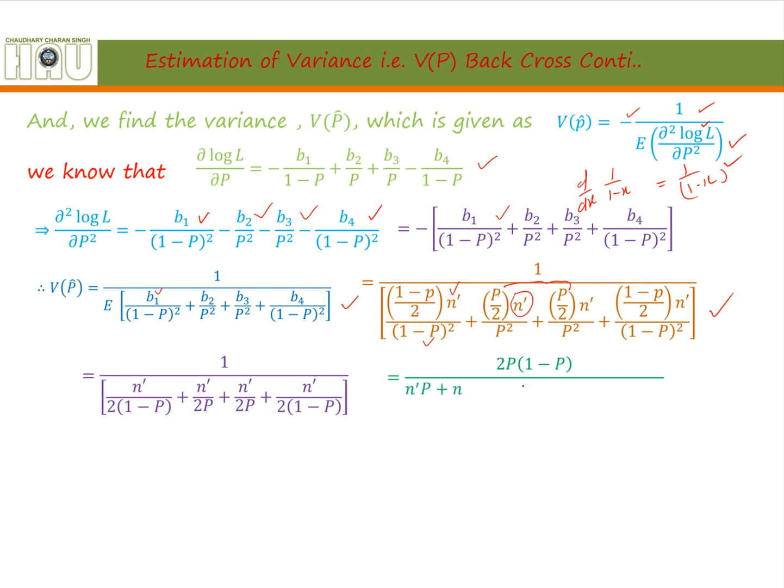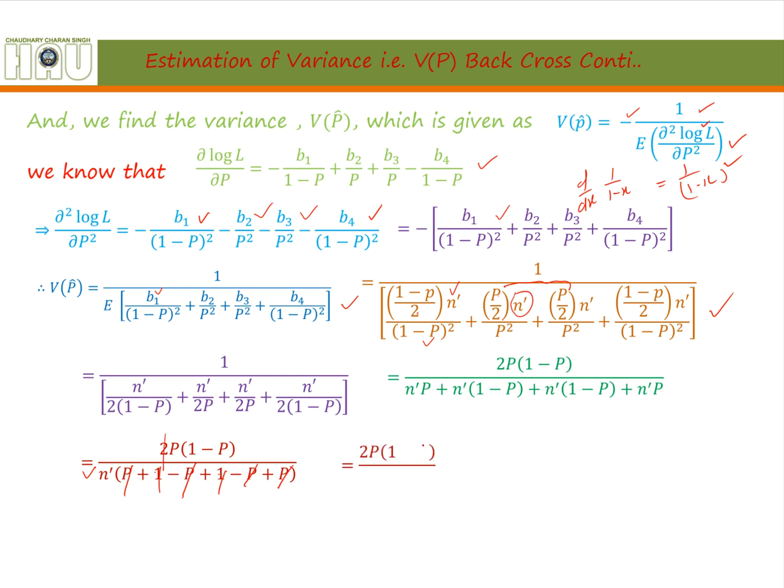Or in a simple way, 2P into 1 minus P, n dash P plus n dash 1 minus P plus n dash 1 minus P plus n dash P. On further simplification, if I take n dash common, this P cancels with this P. So I am left with only 2, and this 2 cancels with this.